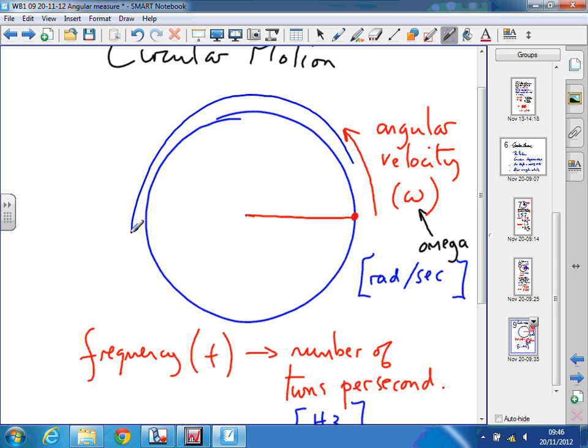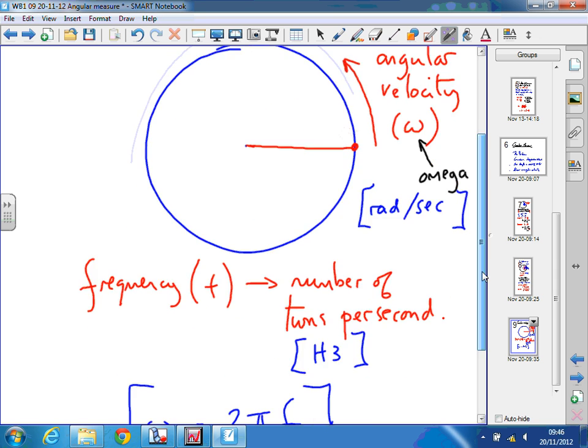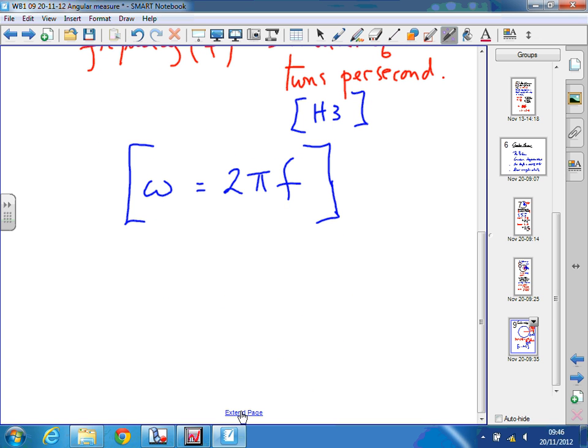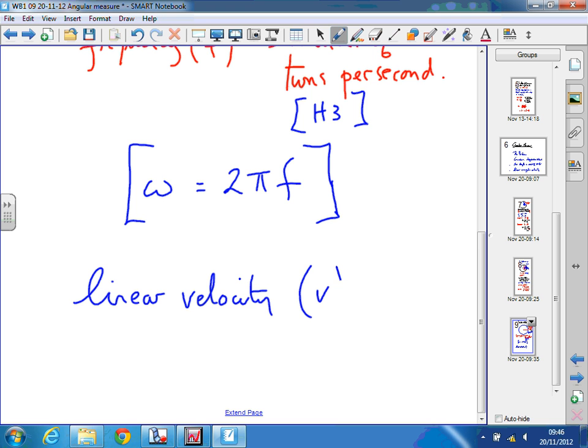And that's the frequency. So in other words, linear velocity, v, measured in meters per second, is related to angular velocity.